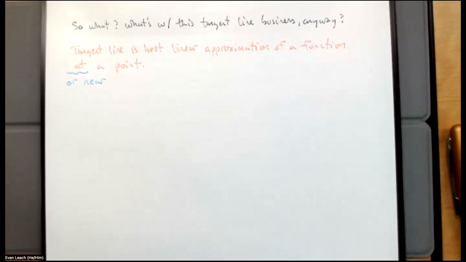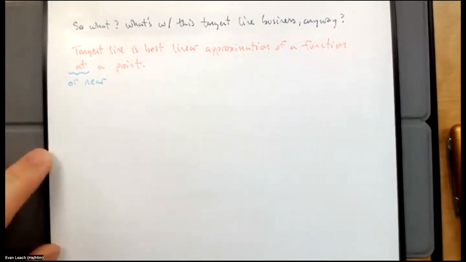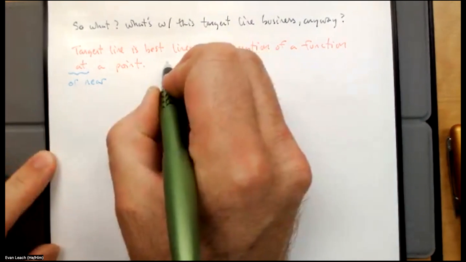One way we want to interpret this is that if we zoom in close enough, everything looks flat. That's one of the things that we want to think about. When you zoom in close enough, everything looks flat.